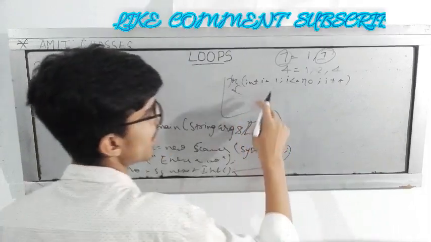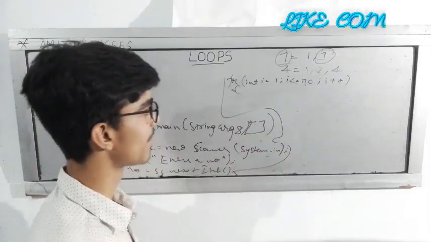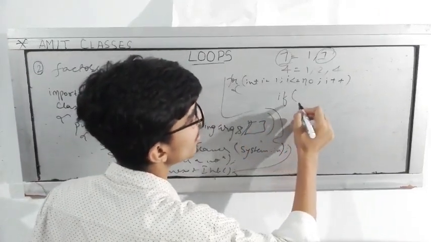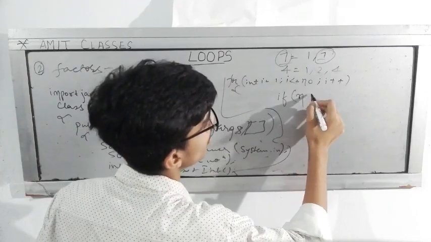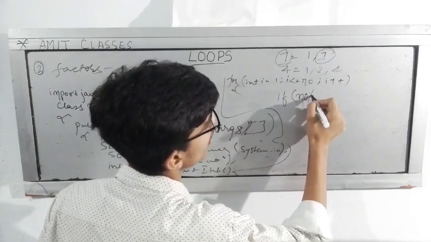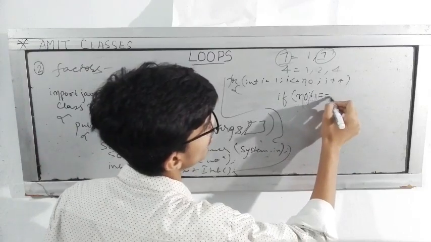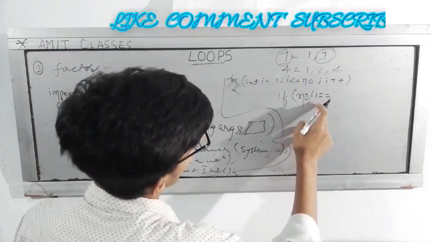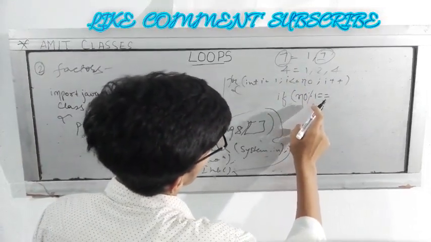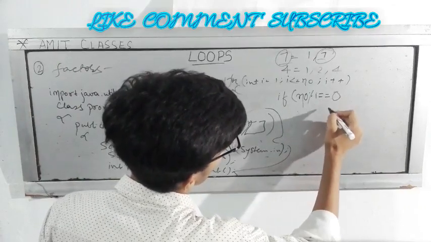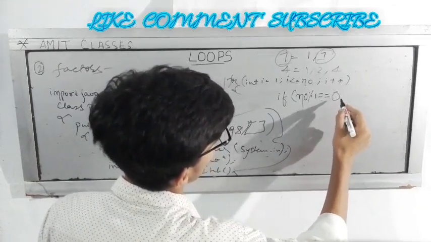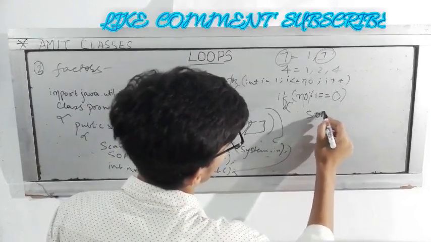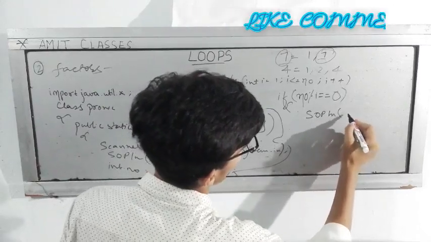Now we have to find if number mod i is equal to 0, say number is 4, then 4 mod i is equal to 0, then SOPLN i.